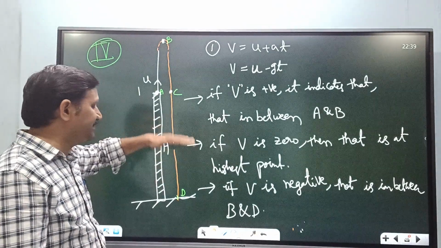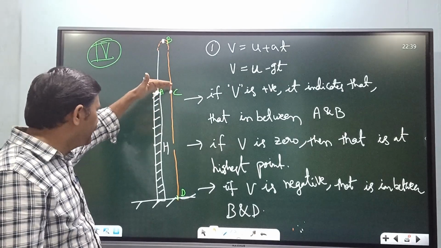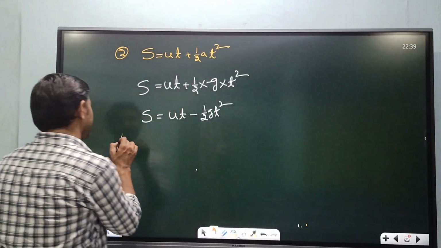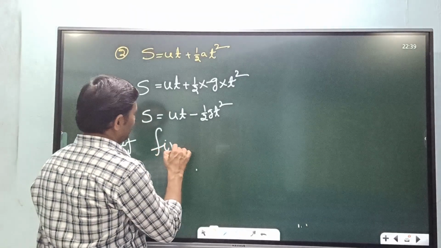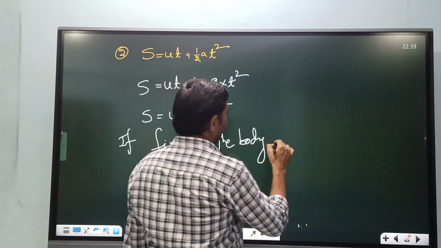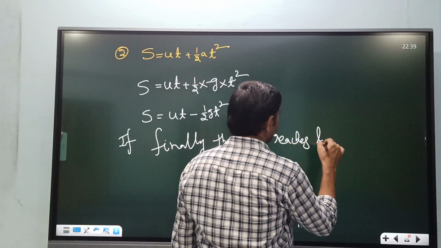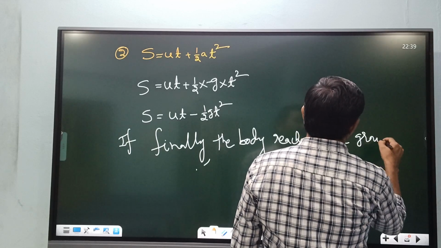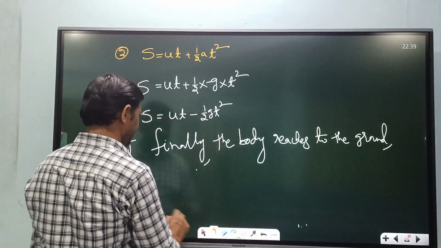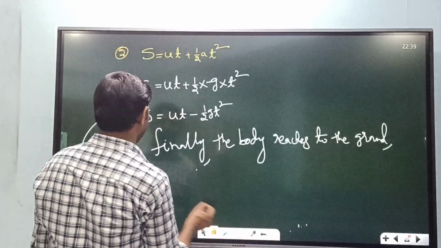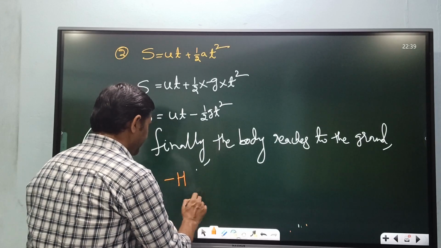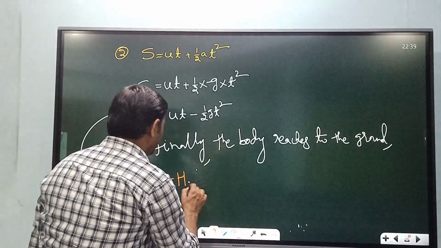If S value is negative, then the body is below point A. If finally the body reaches the ground, then S is replaced by minus H. Why do you put minus? Because that is below the reference point.